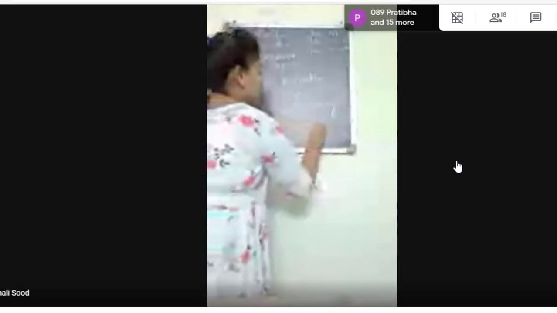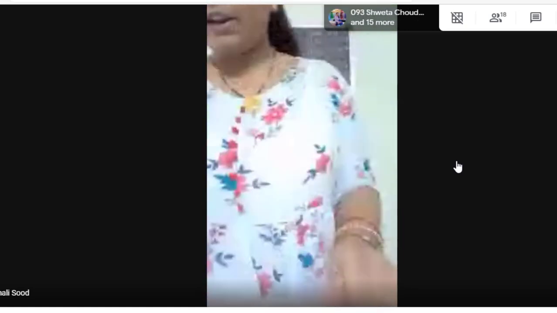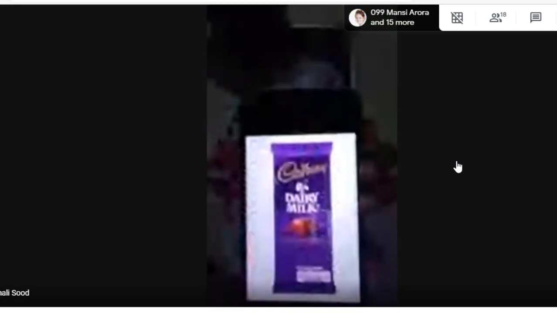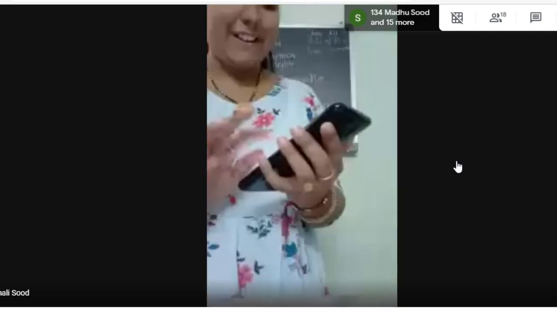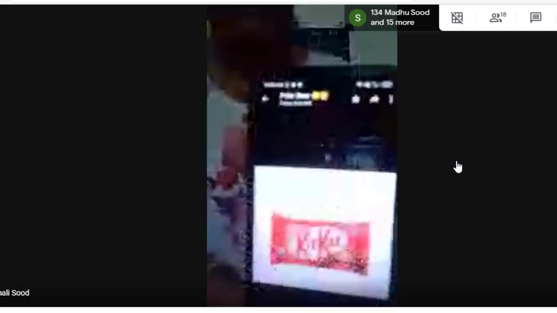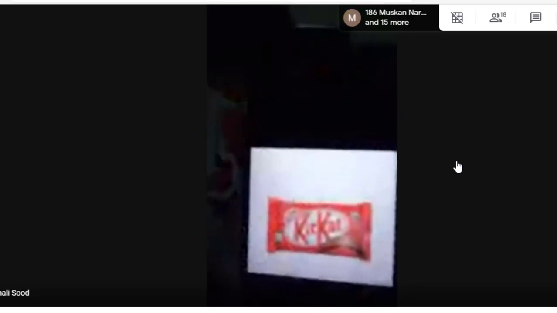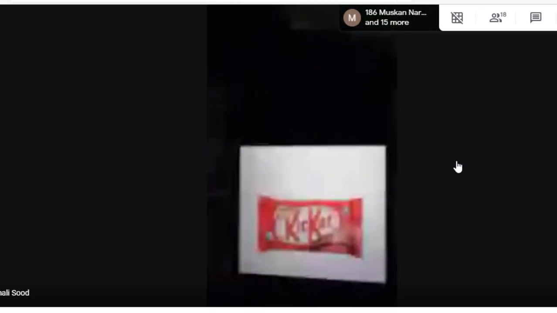Okay, students? Students, tell me what is this? Dairy Milk chocolate. Okay, good. And what is this? Kit Kat chocolate. Which one will you prefer to buy?